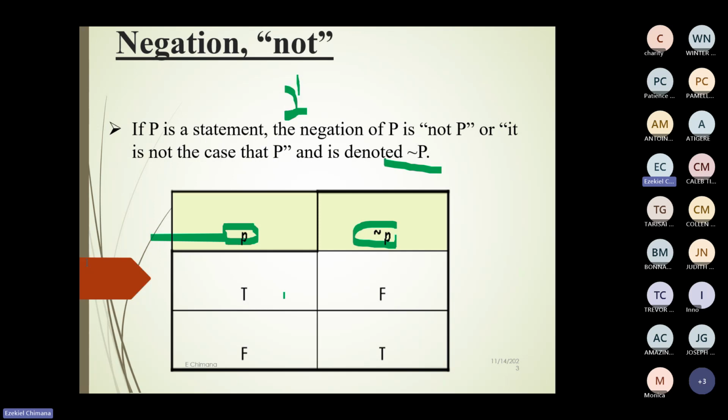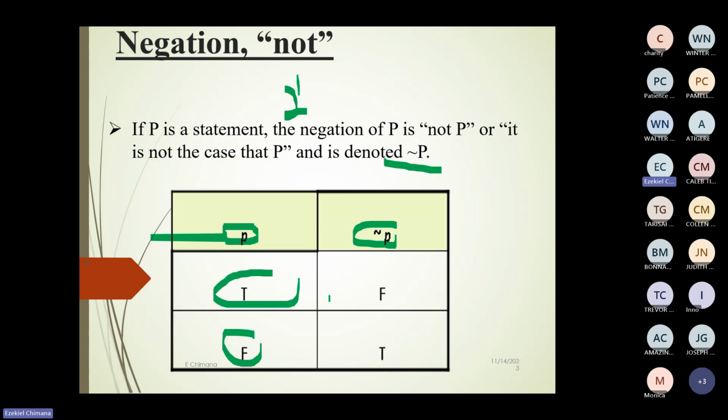And then, for assigning the truth values on the statements, we use what we call the half rule. Since we have 2 rows, you start with true, then false. If you start with false, then true, it's still correct. You can do that. But let's just do it this way.